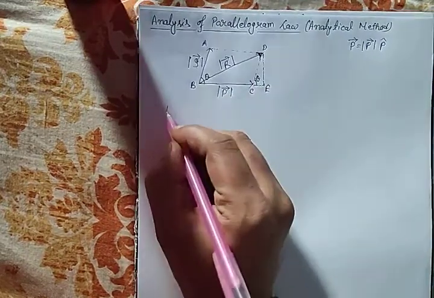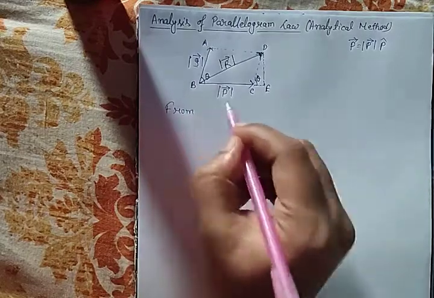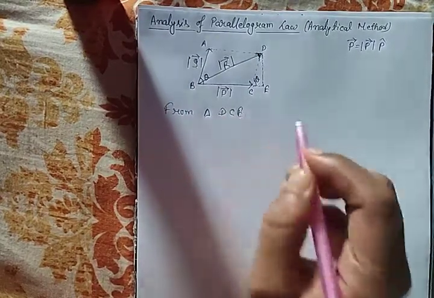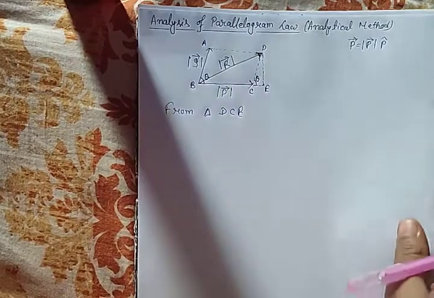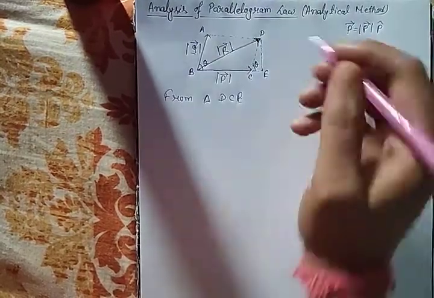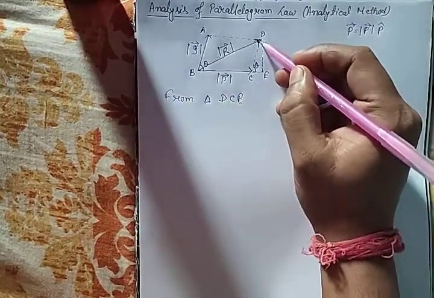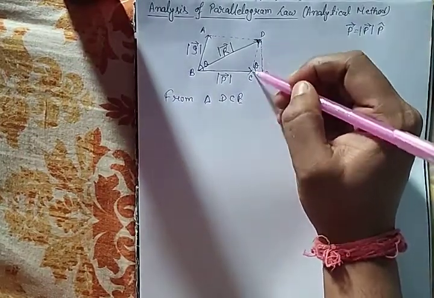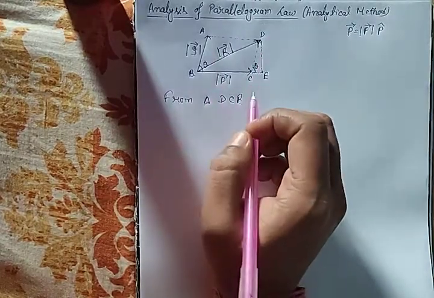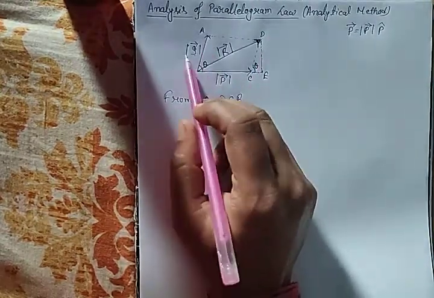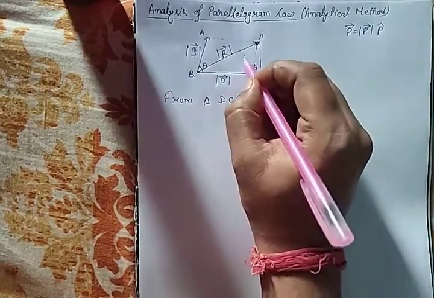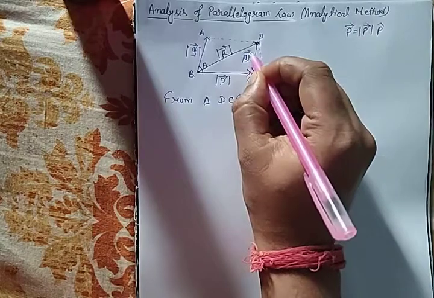So from triangle DCE, first tell me what is the value of the DC arm. Look, AB arm and DC arm are similar. Now if the value of AB arm is mod of Q, then the value of DC arm will also be mod of Q. Clear?